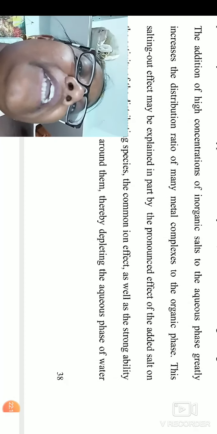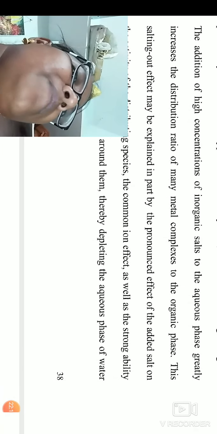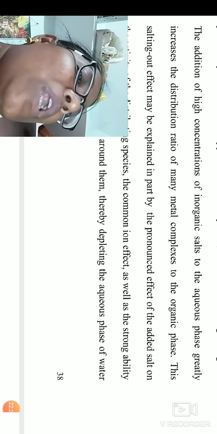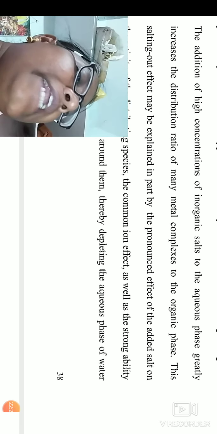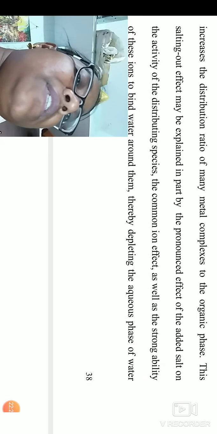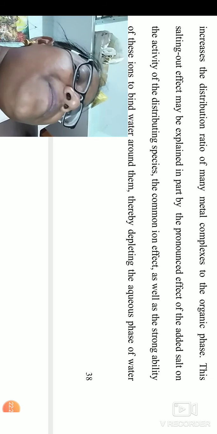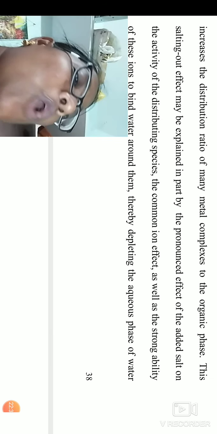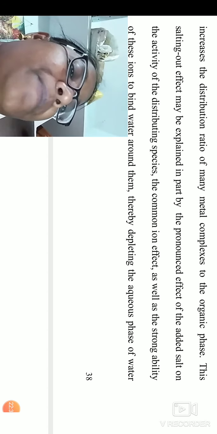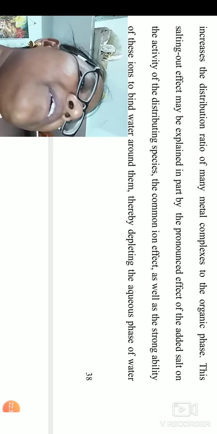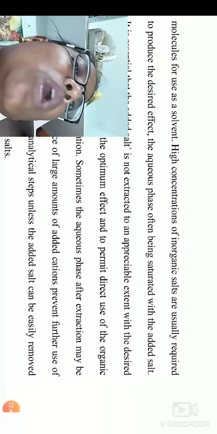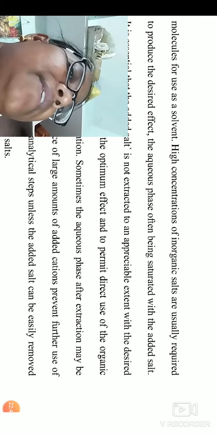This salting out effect may be explained in part by the pronounced effect of the added salt on the activity of the distributing species, the common ion effect, as well as the strong ability of these ions to bind water around them, thereby depleting the aqueous phase of water molecules for use as a solvent.